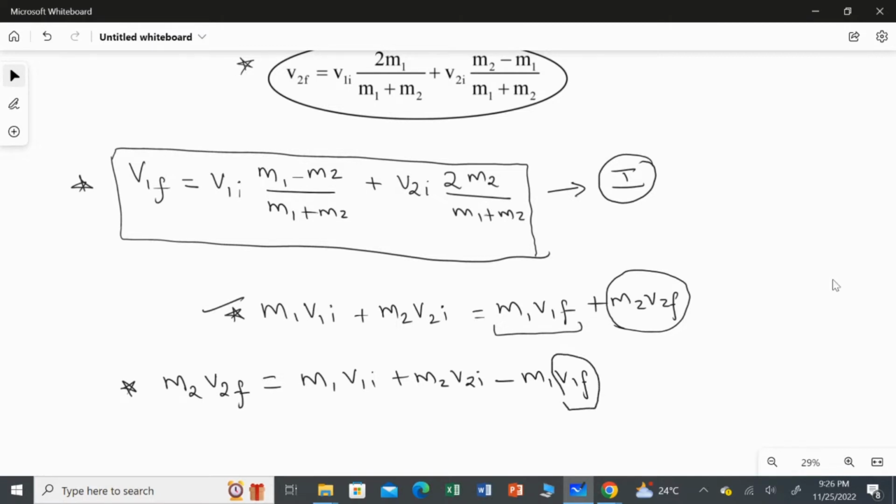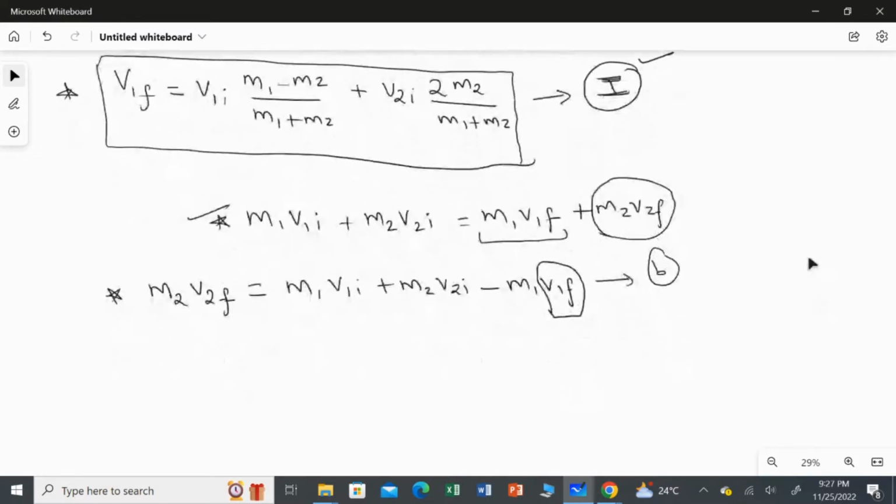But the most important thing is that while you substitute this equation here, you have to be very, very careful while you rearrange it. That's very important. Let's call this equation B, so we substitute equation 1 in equation B.